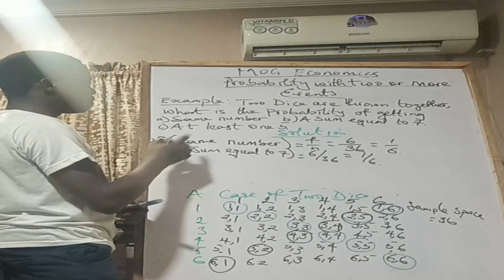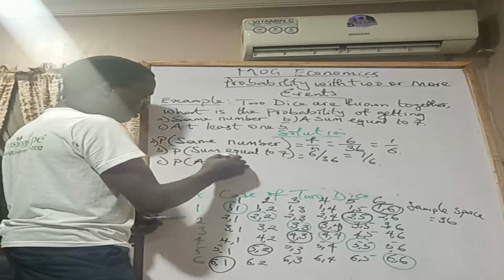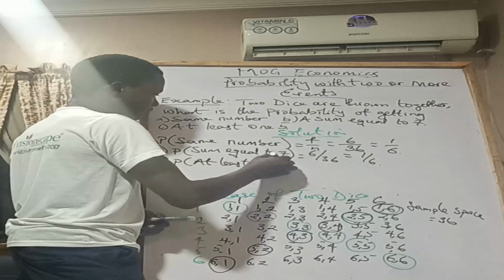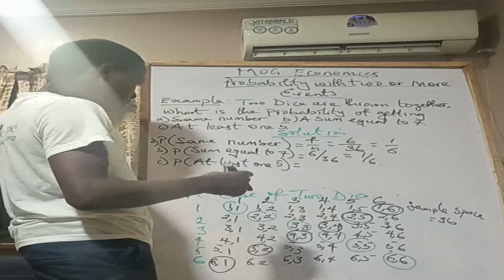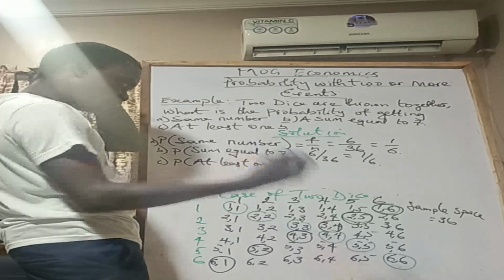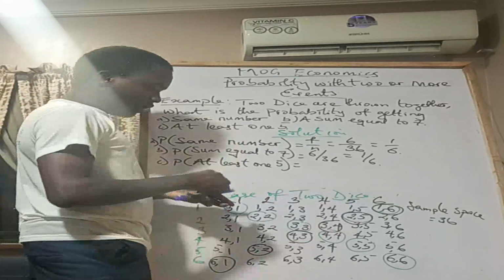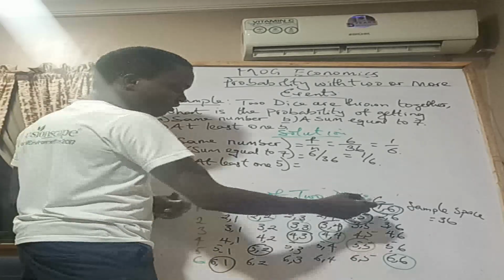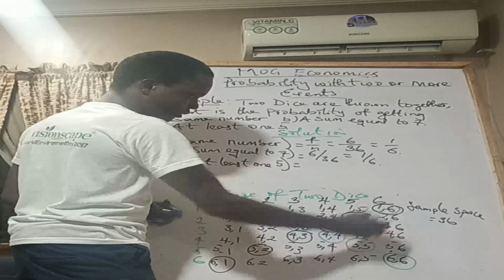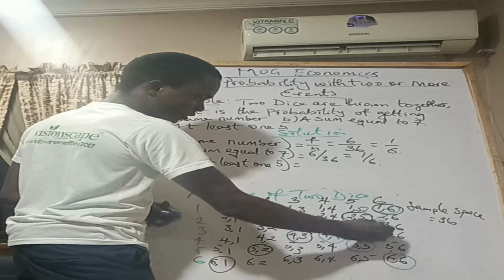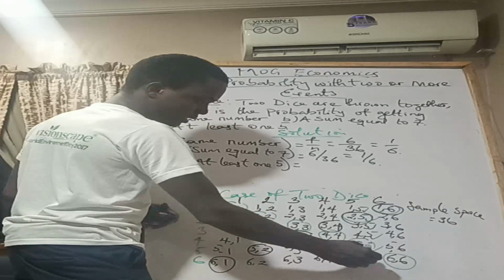Alright. Then the probability of getting at least one 5. So it's either you have a 5 on one die or you have 5 on both. If you look at this place, you have 5 here. There's a 5 on the second die, and then there is 1 on the first die. So you have 1, 5, then 2, 5, 3, 5, 4, 5, 5, 5, 6, 5.